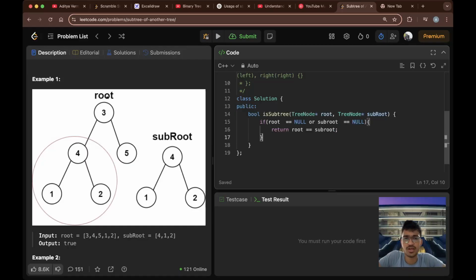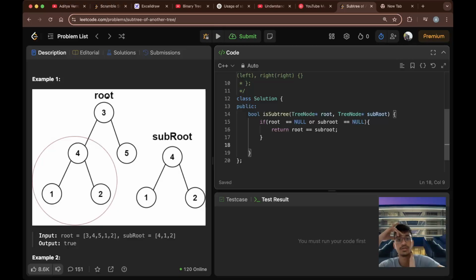What does it mean? The smallest valid input is both null, or one null and another not null. If one is null and another is not, this is false. It can't be a subtree.